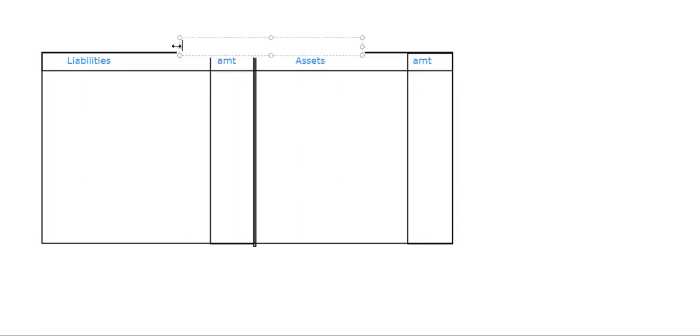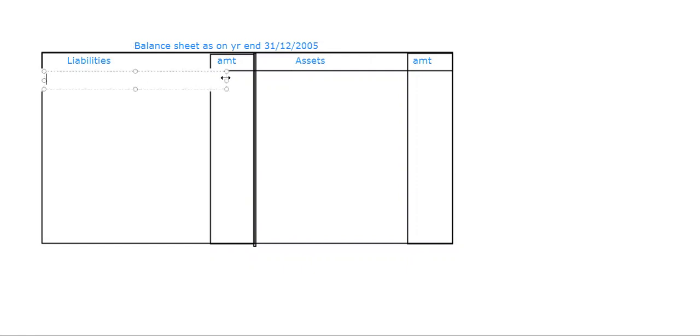Liabilities, amount, assets, amount. Balance sheet as on year end, 31st December 2005. Now first, as usual, I'll take capital only.